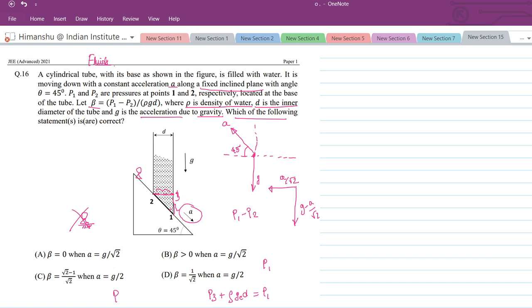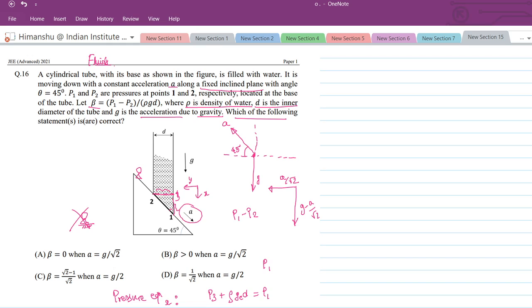This is the pressure equation along the x direction, and the pressure equation along the y direction would be, this is x, this is y.